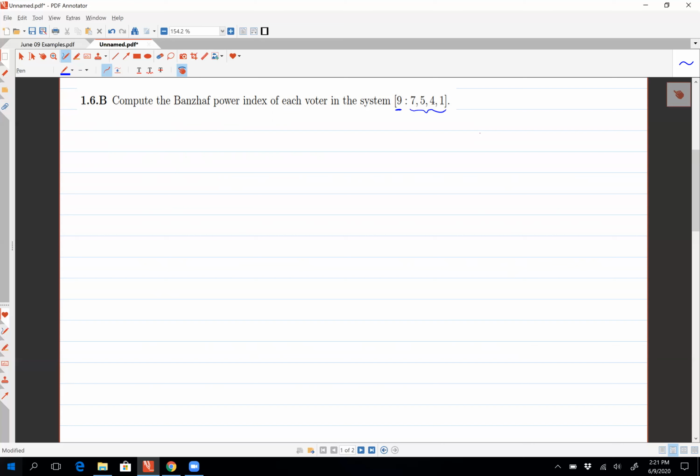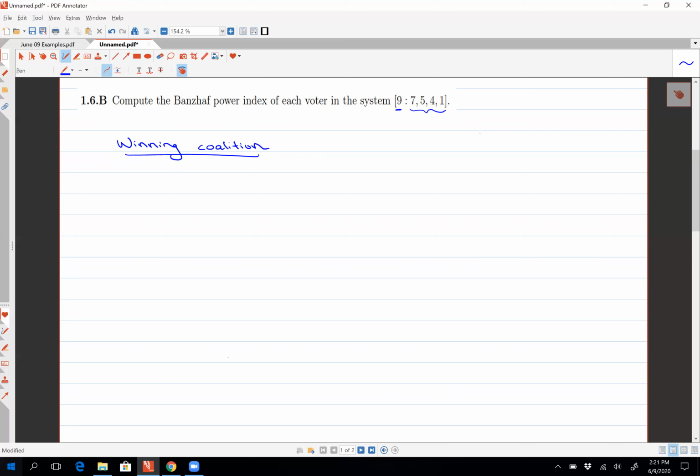And if we're calculating the Banzhaf power index, we need to find every winning coalition. Now, you can certainly start by writing out every single coalition and determining whether it's winning or not. But you can also just list out the winning coalitions.